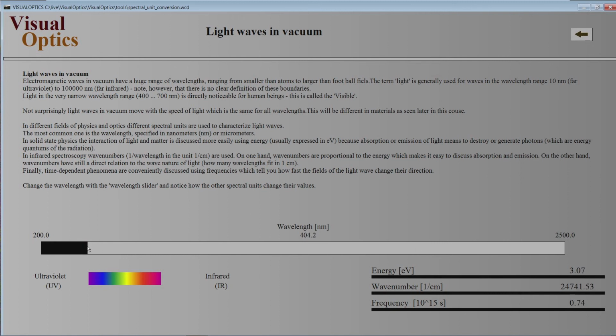Here at around 400 nanometers, we are at 3 electron volts, and there the blue part of the visible spectrum starts. If we increase the light wavelengths, we go through the green part of the spectrum to the red end at 700 nanometers, about 1.7 electron volts. That's called the near-infrared end, or the red end of the visible spectrum.